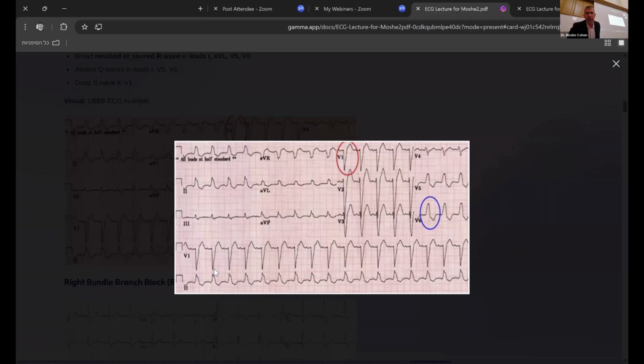Do you see P waves before a QRS? Let's look for P waves. Look, you see here in V1, P QRS, P QRS, P QRS. Do you see that? You don't see it in every lead, but in V1, you can see that you have P waves. It means that the rhythm is sinus, or at least atrial rhythm.